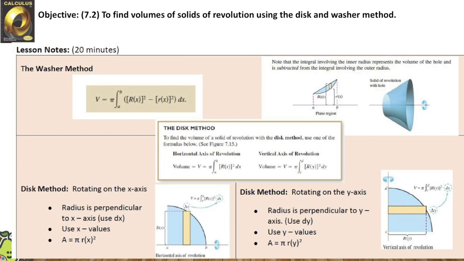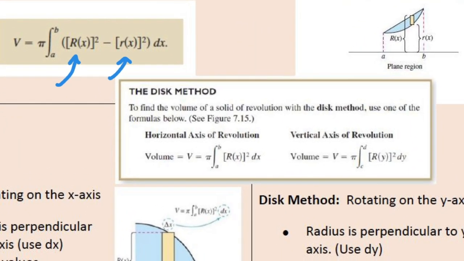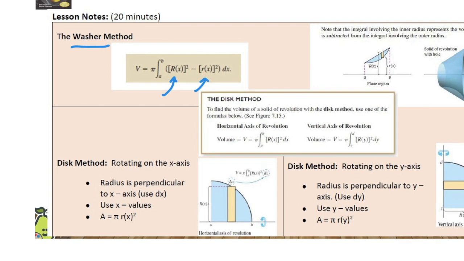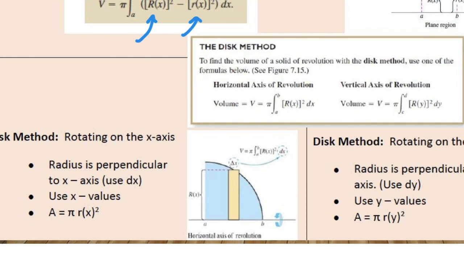So here's a reminder. For your washer method, it's going to be your outer radius squared minus the inner radius squared integrated from a to b. Now, using your disc method, you have nothing to subtract out, so just pi r squared multiplied by thickness for both of those. And again, if you are perpendicular to the x-axis, you should be using x values.